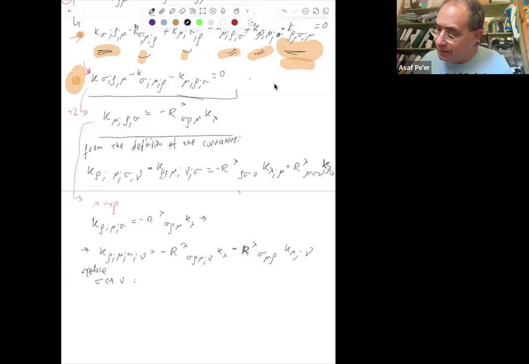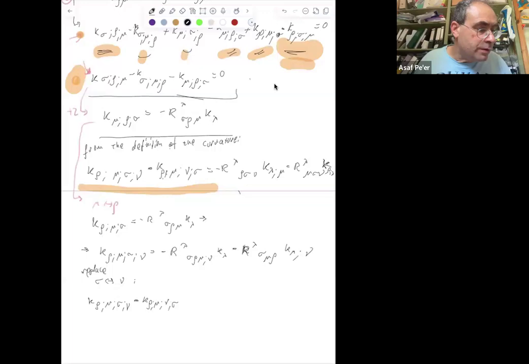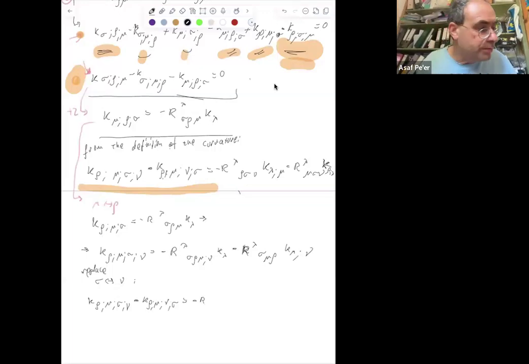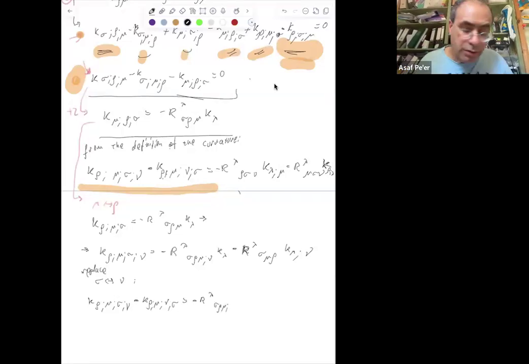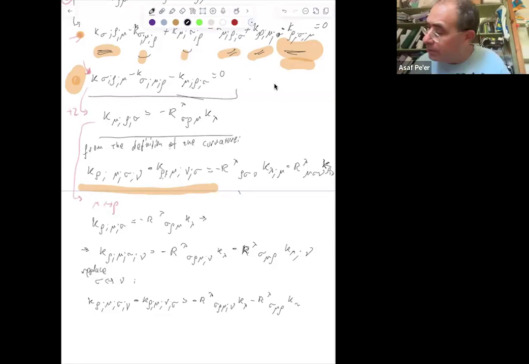Then we get that K rho mu sigma nu minus K rho mu nu sigma, which is what we have here, is equal to minus R lambda sigma rho mu nu K lambda minus R lambda sigma mu rho K lambda nu.